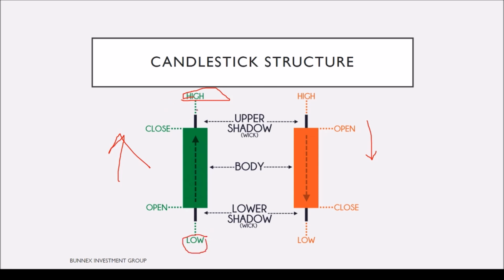By high price, it implies the highest price the market has reached in that specific time. Let's take for instance, if this is an H4 candlestick, we are trying to say within the last 4 hours, our highest price was this price. And within those last 4 hours, our lowest price was this price.